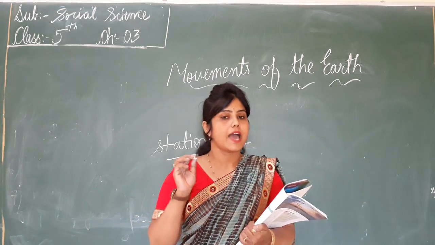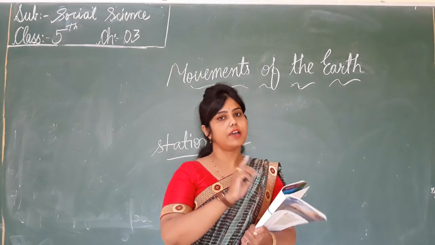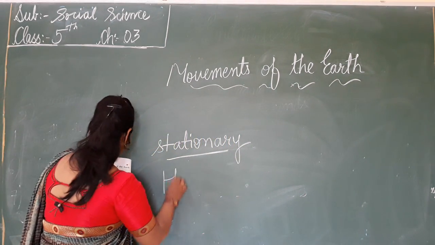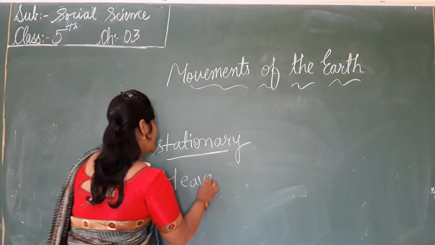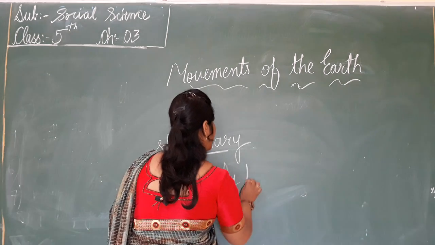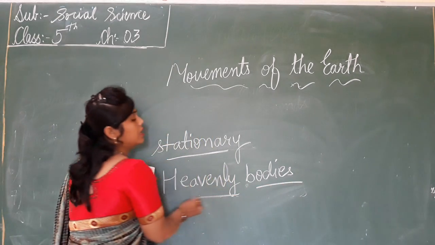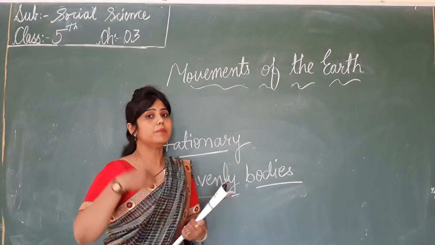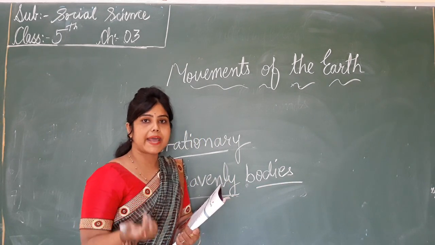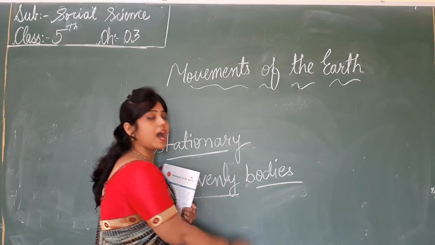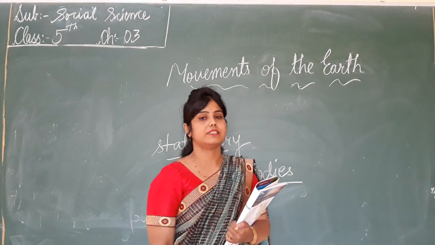And the heavenly bodies moved around it. What do you mean by heavenly bodies? Heavenly bodies include the sun, the moon, the planets and the stars.